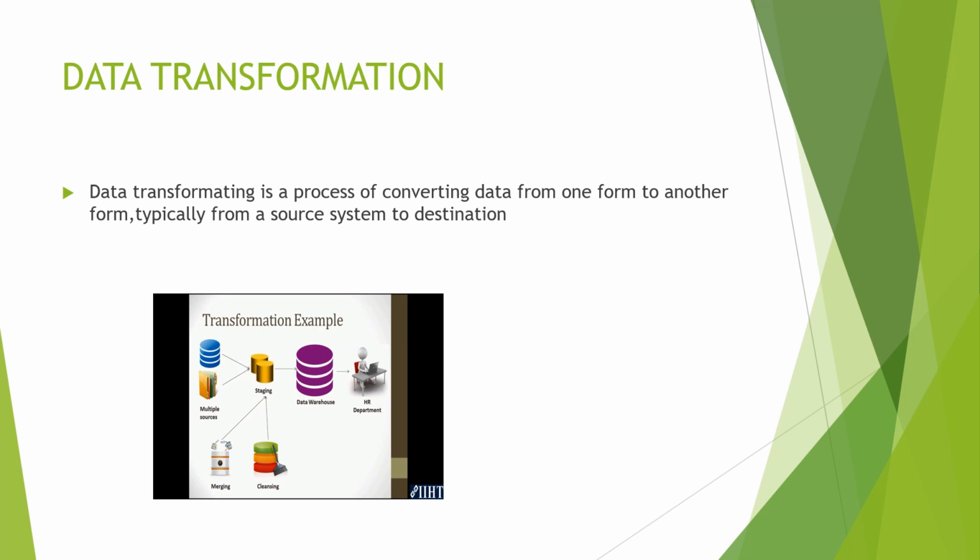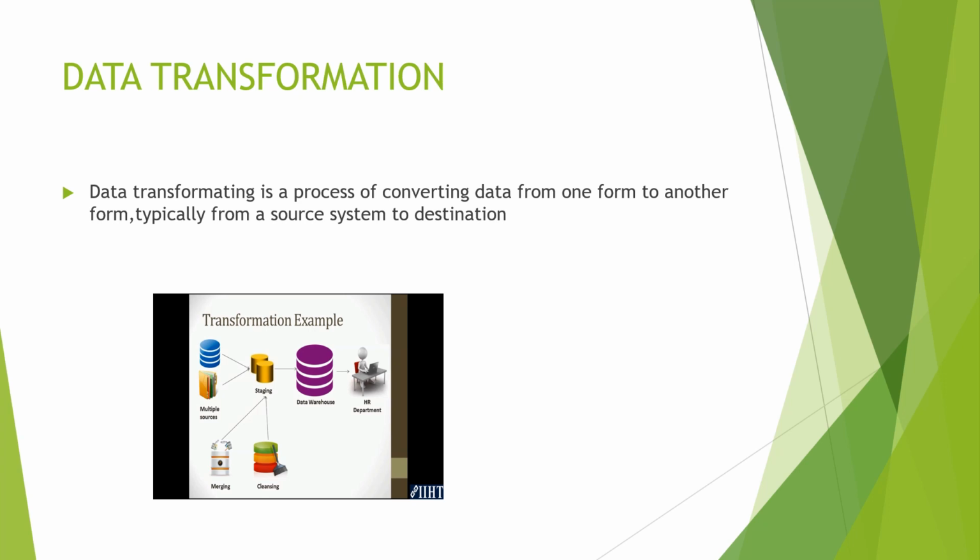We need to join all the gathered data into a single set in order to access the data easily. That's why we perform the data transformation step, where we gather all the data from the different sources and merge them into a single data set.